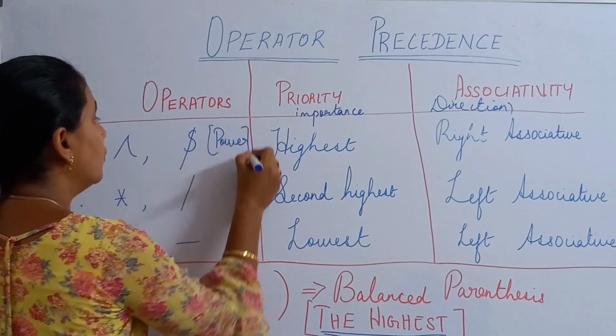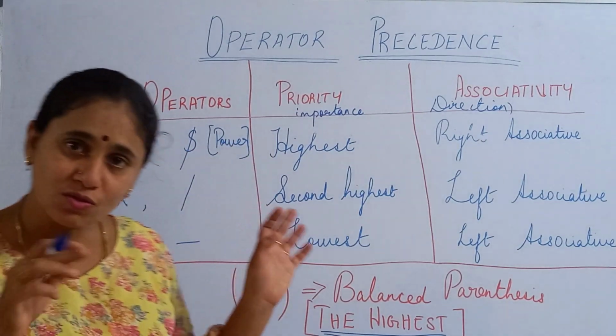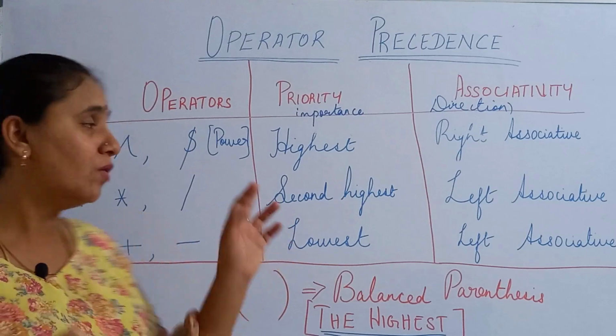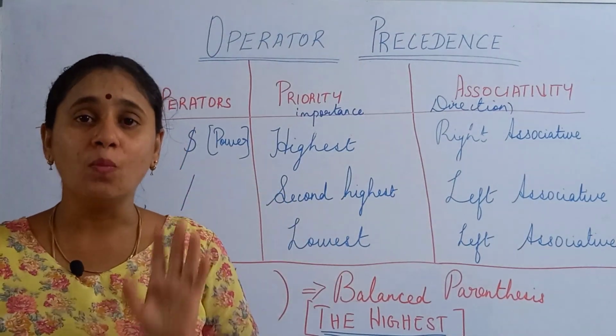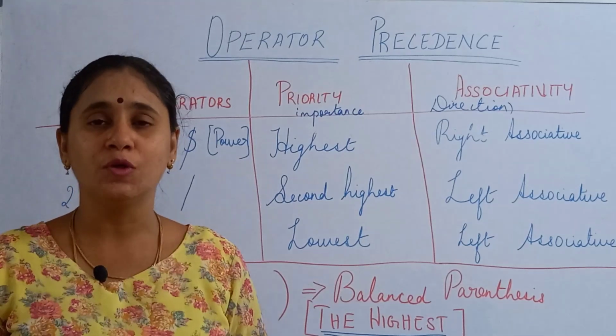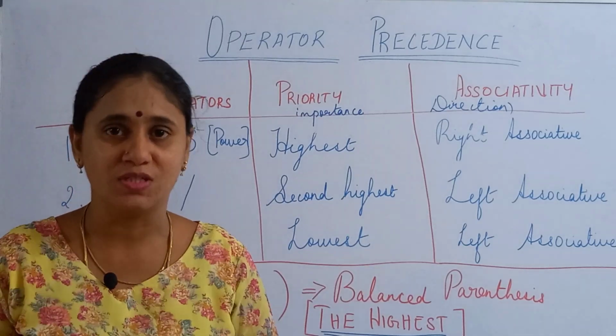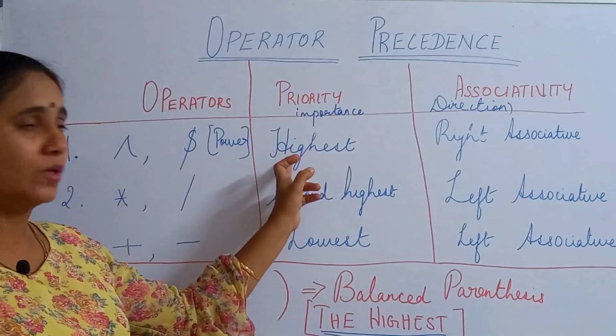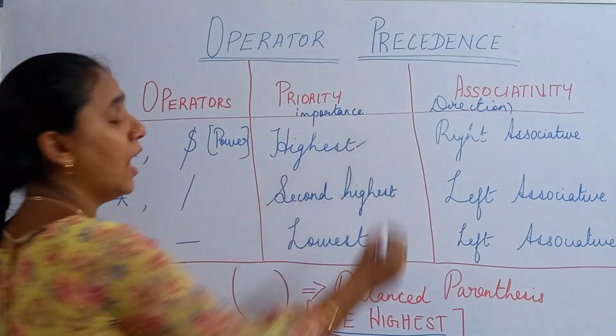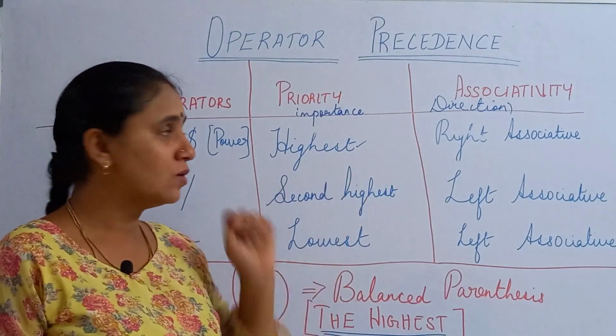This is the power operator. Sometimes they may give dollar instead of this symbol, so both mean the same. These two operators have the highest priority in solving the expression.